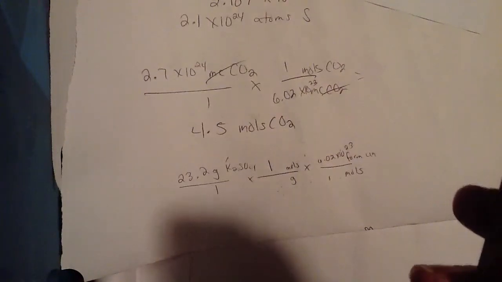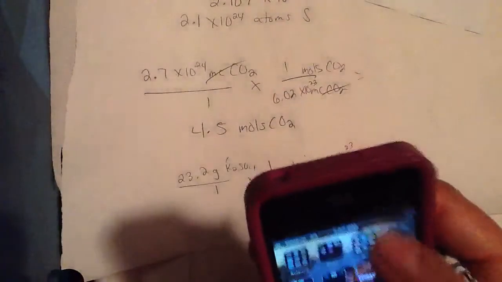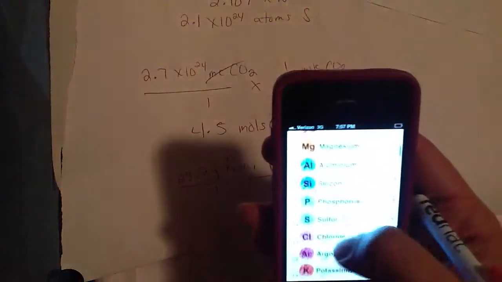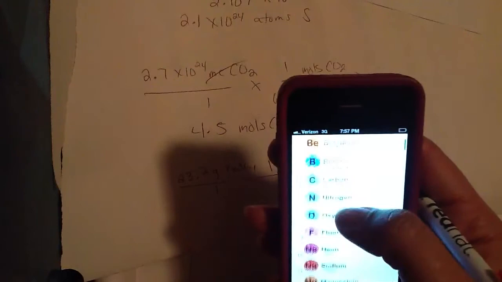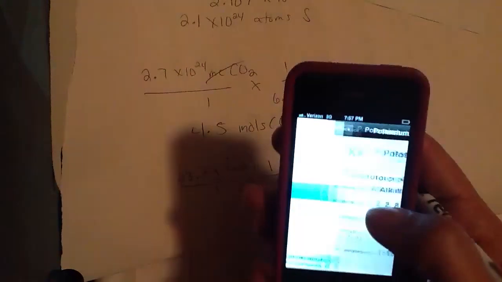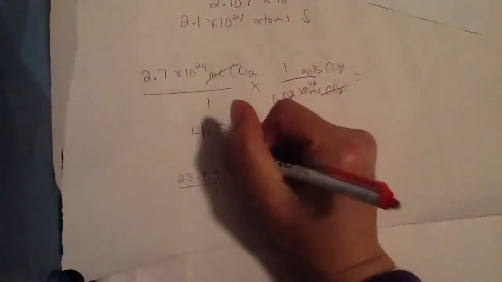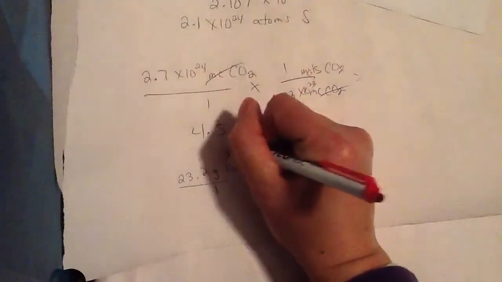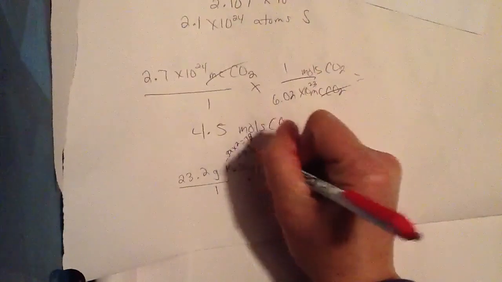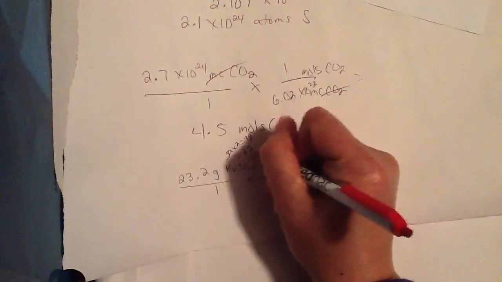Alright, so if I look at my periodic table, let's go to potassium. Went the wrong way. Alright, and potassium is 39. Okay, so 39 times 2 right there, so we're going to get 78. We've got sulfur, which should be 32. Oxygen is 16 times 4, so that's 64.